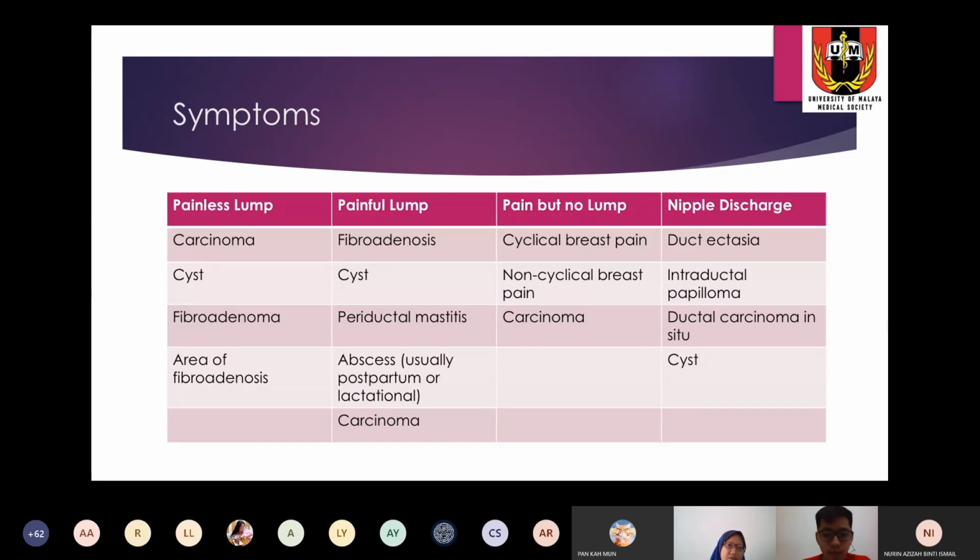Most of them present with a breast lump, but lobular carcinoma may present differently. The lump is sometimes a little vague and difficult to identify compared to ductal carcinoma. The type and grade of cancer is very important to guide us in terms of treatment later.